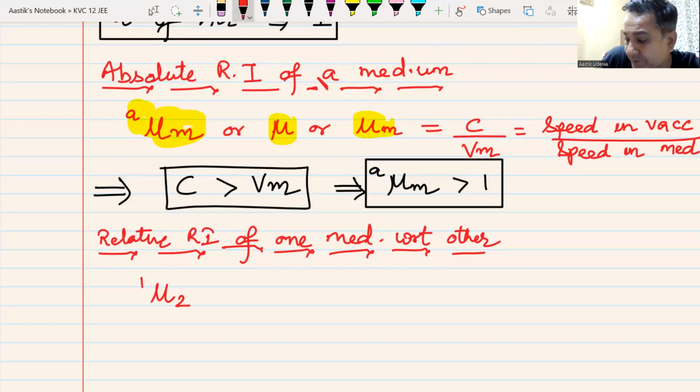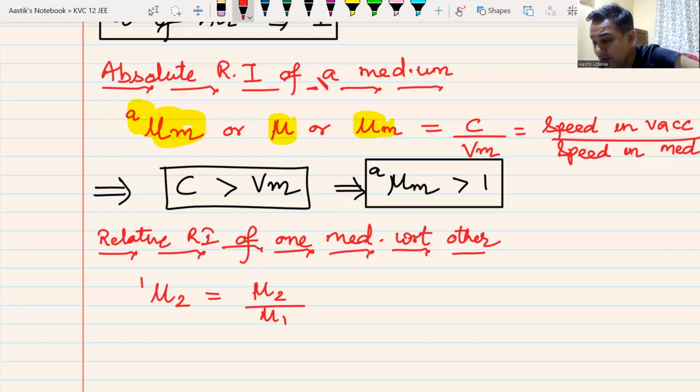Second medium with respect to the first medium. I can write it as mu of 2 divided by mu of 1. This mu of 2 is the absolute refractive index, which is the refractive index with respect to vacuum, divided by mu 1, which is the absolute refractive index of the first medium.